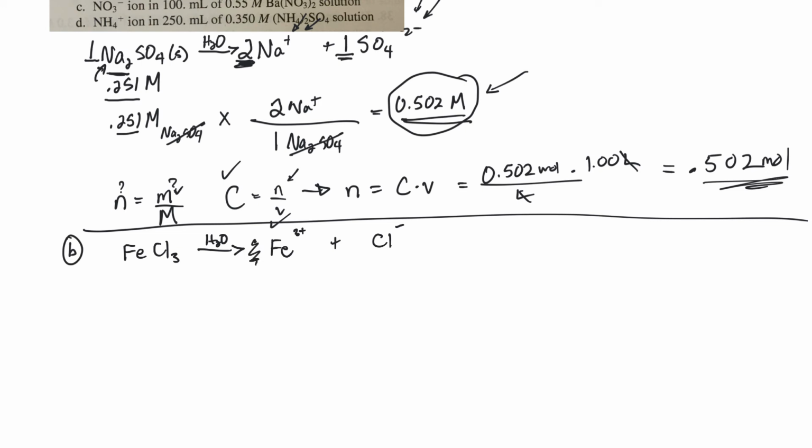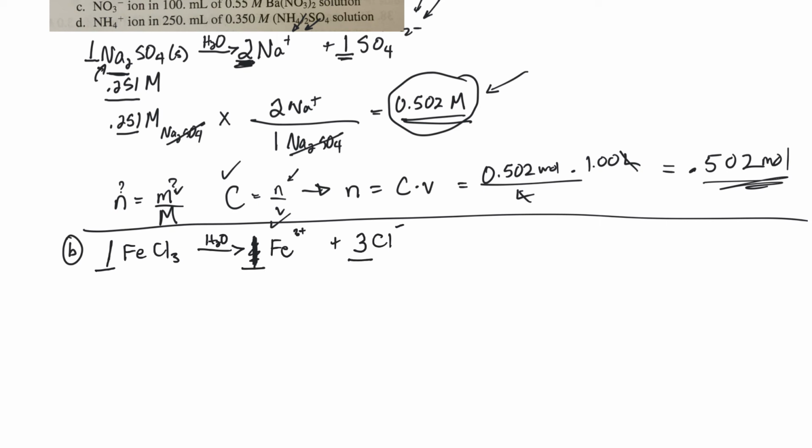I need 1 of those and 1 of those. So if I have 1 iron chloride molecule, when it dissociates, it gives me 1 iron 3 plus ion and 3 chloride ions. But you can also refer to those as moles. So 1 mole of that gives 1 mole of iron 3 plus and 3 moles of chloride ions.